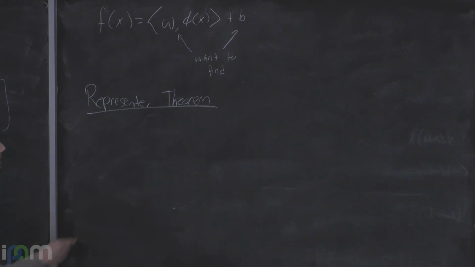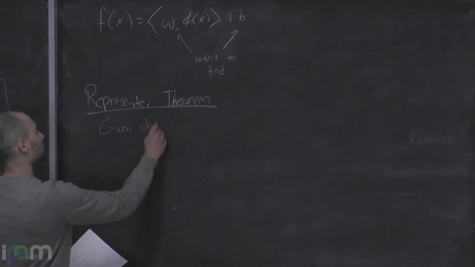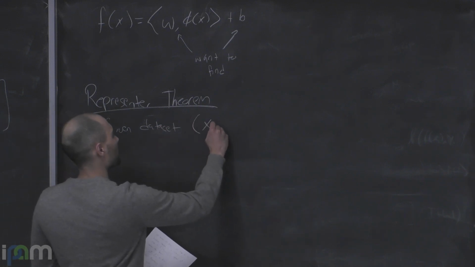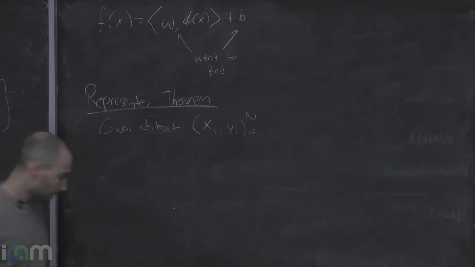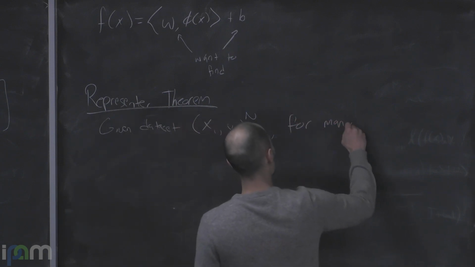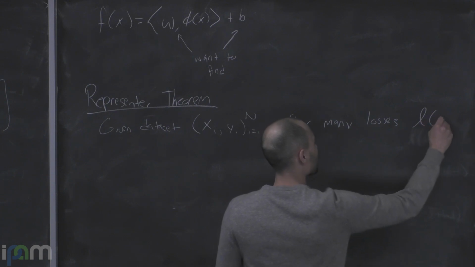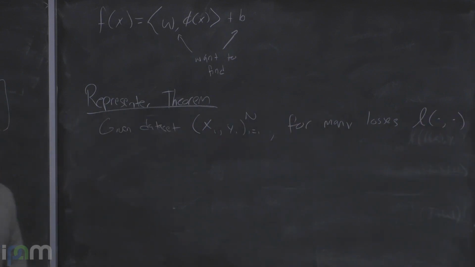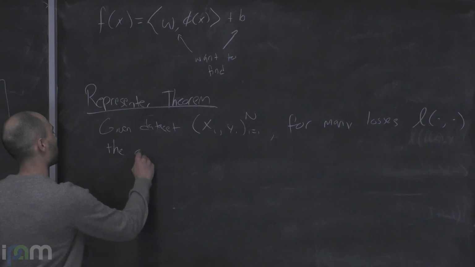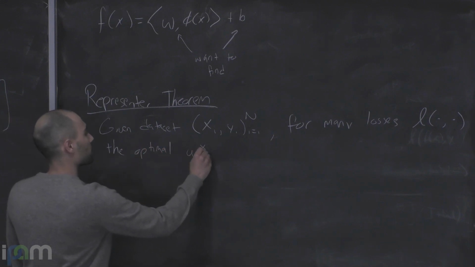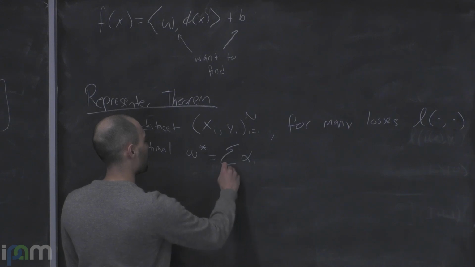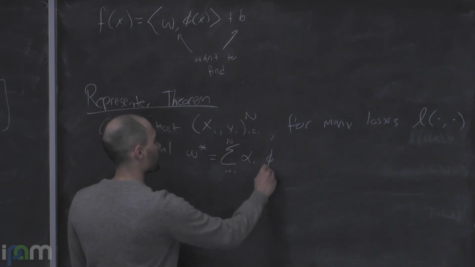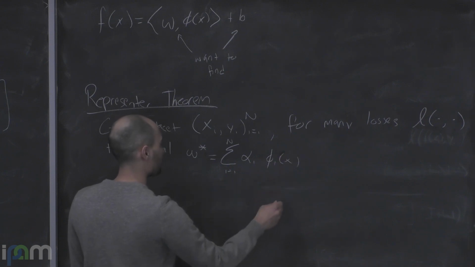The informal way of saying it is that given a data set of pairs (xi, yi), i equals 1 to n, for many loss functions, which take in two inputs, the optimal w, which we often denote with a star, is in the span of the data: w star equals the sum of alpha i times phi of xi.